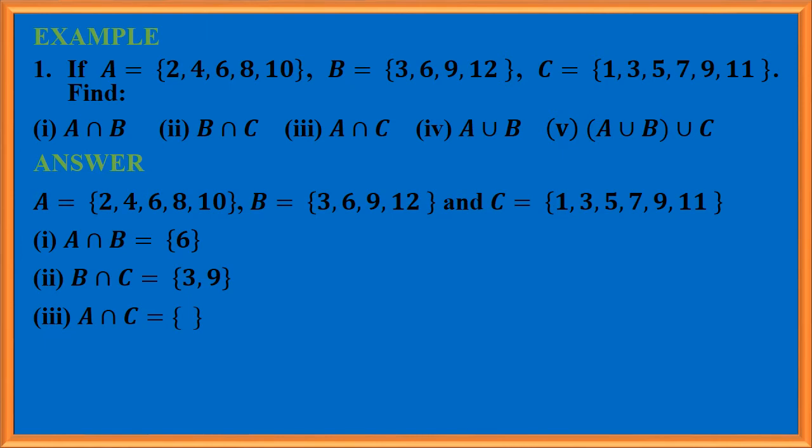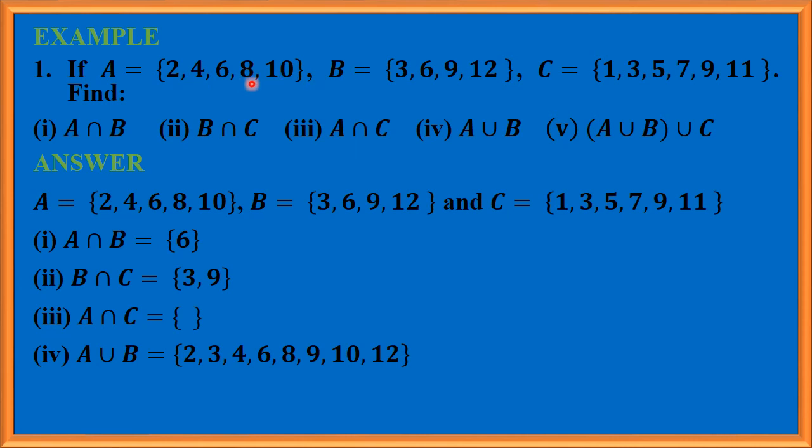Then for the last example, we have A union B union C. First of all, we are going to find A union B. A union B means we should combine the elements belonging to set A and B. So combining them, we start from the list, so we'll have 2, 3 here, 4, we don't have 5, so we'll continue to 6 here, but you see that 6 is here, 6 is here, but you write it just once.